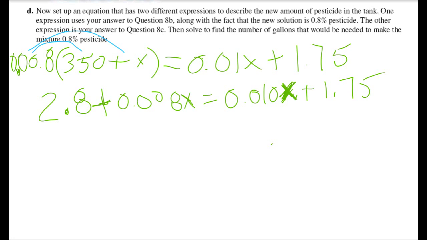And so now I've got an equation where I've gotten rid of my parentheses. I'm now going to subtract 0.008x from both sides. And that's why I added the 0 to the 1, 0.010.